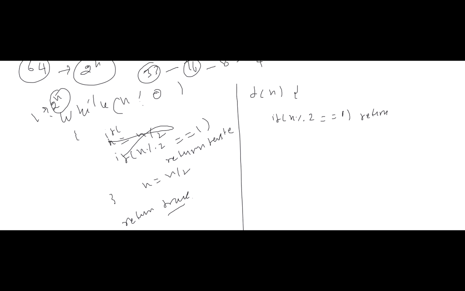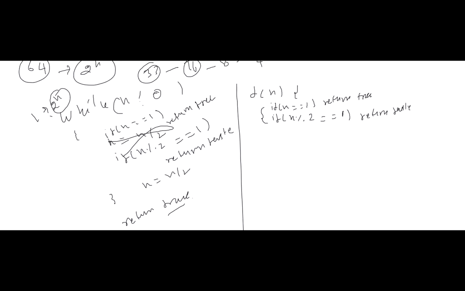If n double equals 1, then it should return true, right? Similarly here, before this, I need to check if n double equals 1, then also return true, right? Here return false. Okay. And so these are the terminal exit conditions, right?